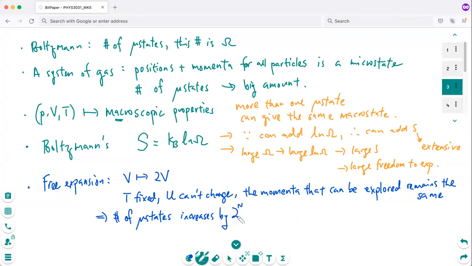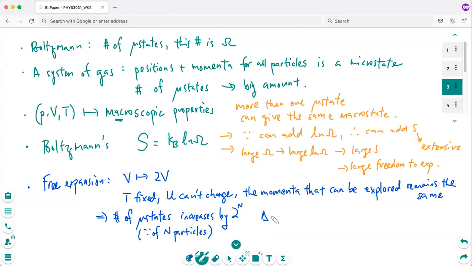This is because of n particles, and the 2 is because you can explore more positions. And how many more? Exactly twice as much.